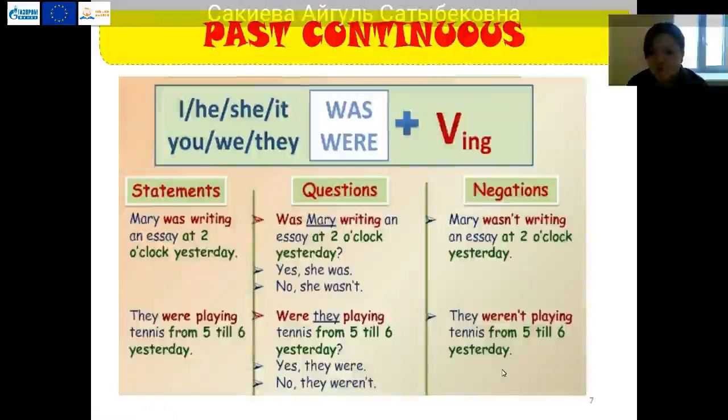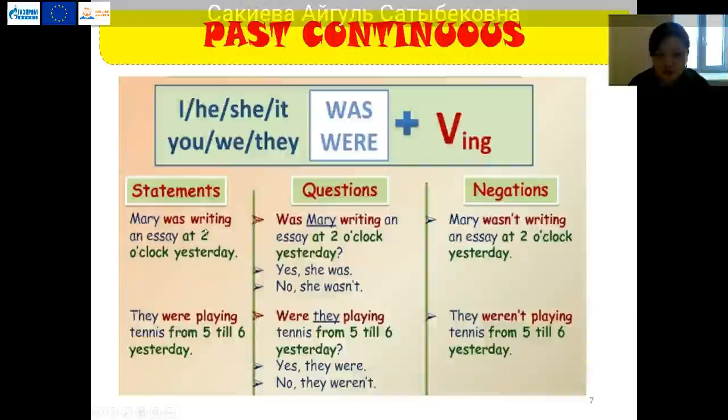Okay, look at the form of past continuous. For personal pronouns I, he, she, it, we use was. For pronouns in plural form, you, we, they, we use were, and we use a verb with ing ending. In a positive sentence, Mary was writing an essay at 2 o'clock yesterday.